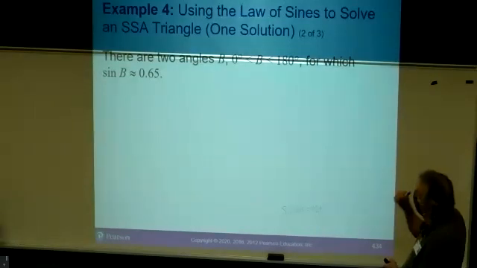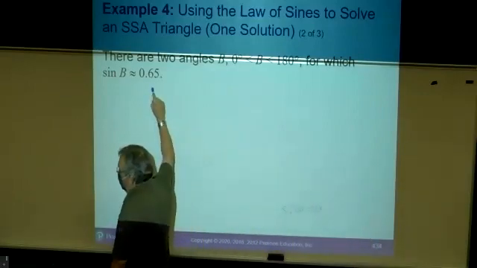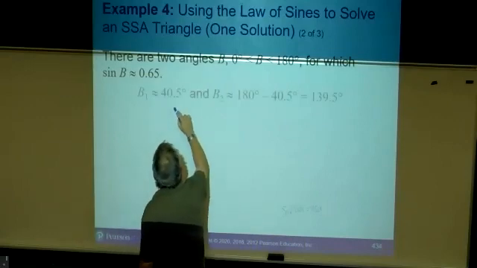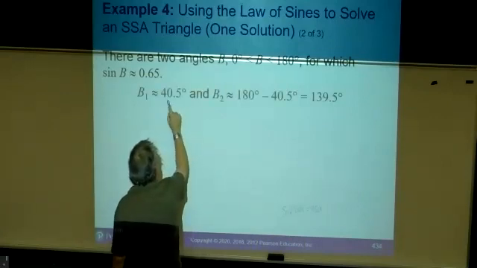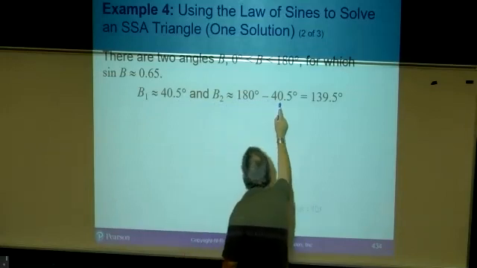All right, there are two angles that have the same sine between 0 and 180. One of them is 40.5, and the other one is 180 minus 40.5.